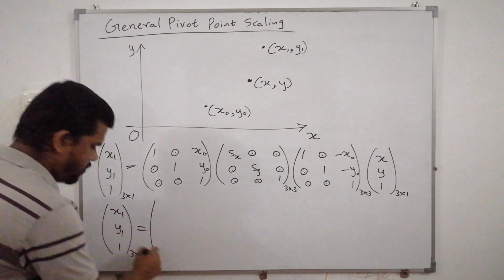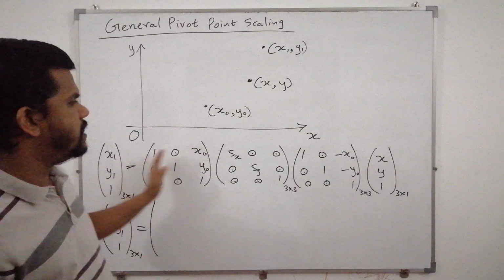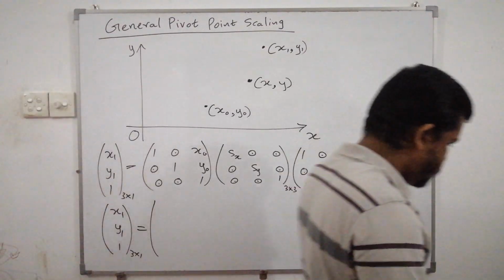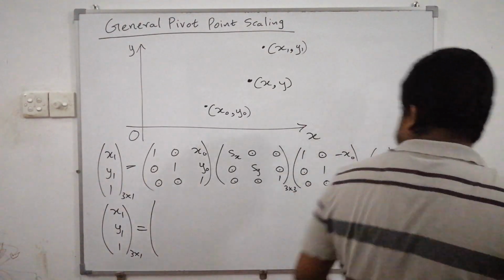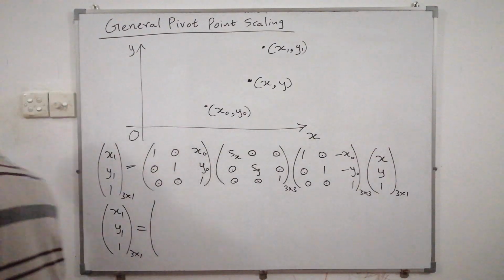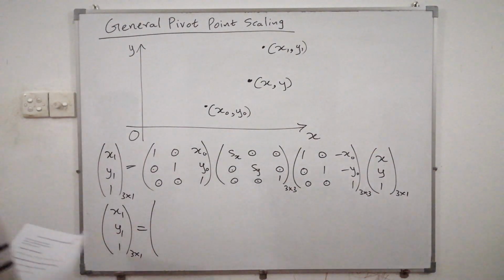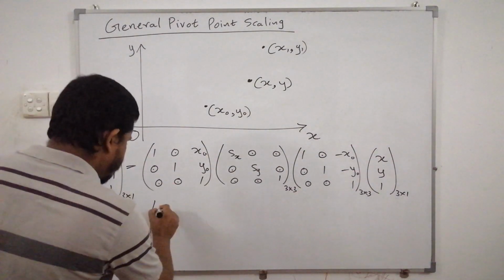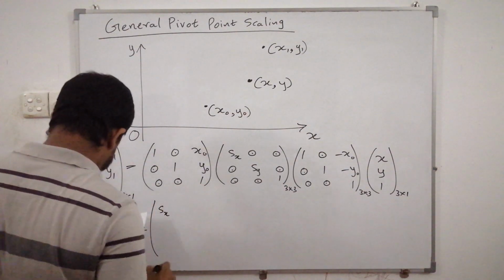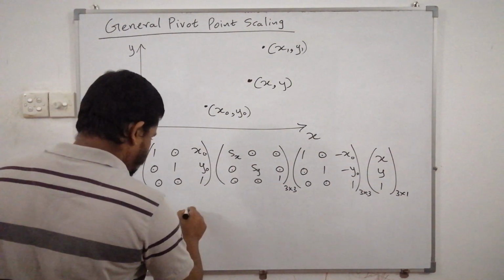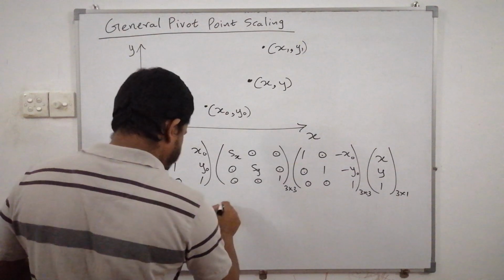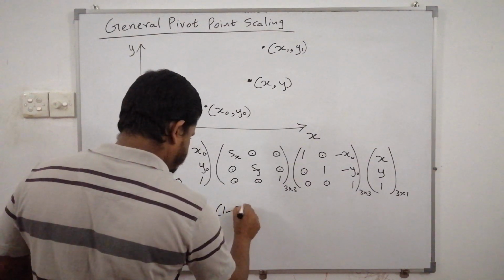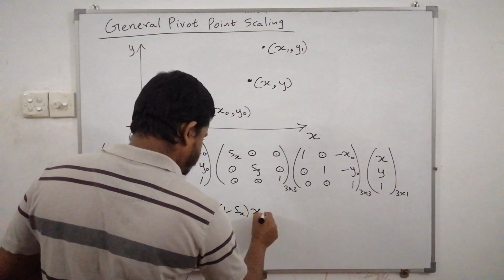Here we multiply these three matrices, and you can do it by yourself and try to get this one. The first row is sx, 0, 1 minus sx into x naught.